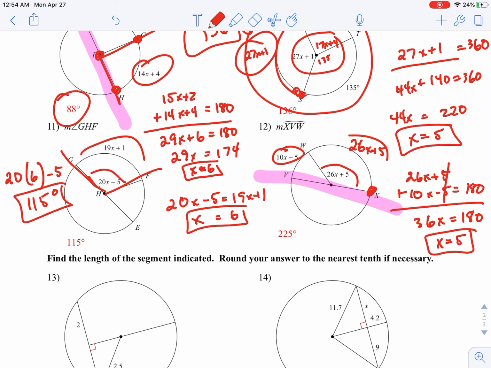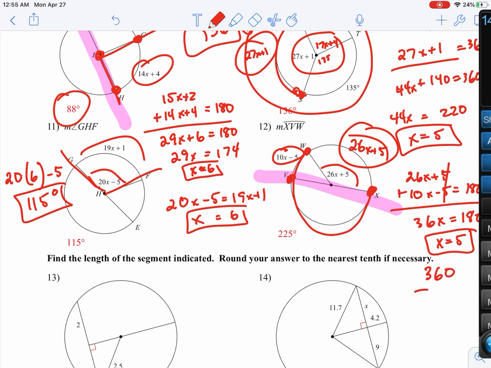All right, now you got to pay attention to what they want you to know. X to V to W. So they want everything but this guy. So I'm going to go 360 minus 26x plus 5.